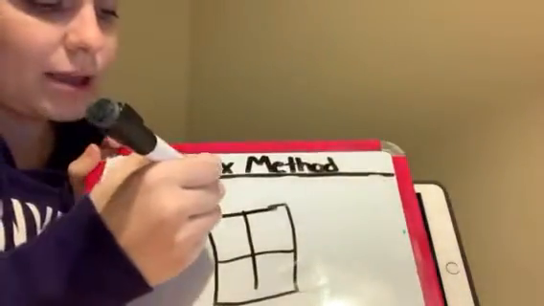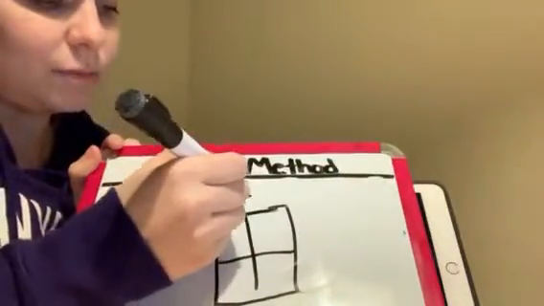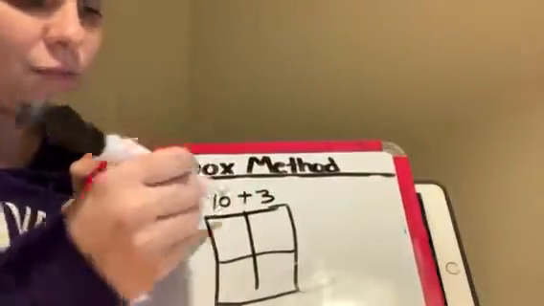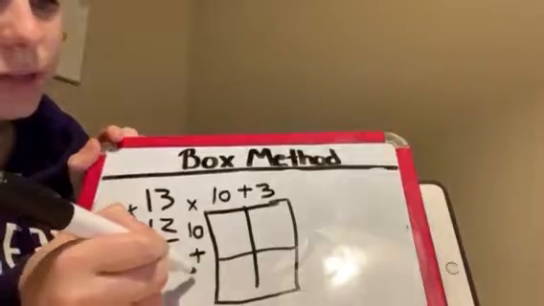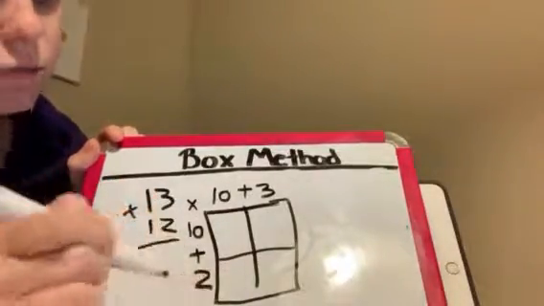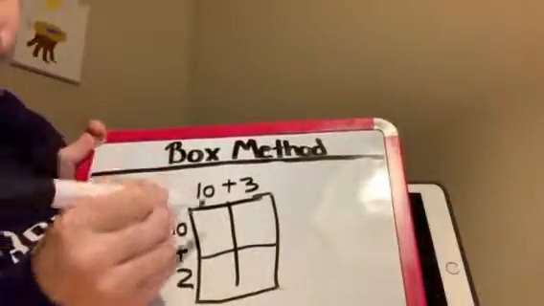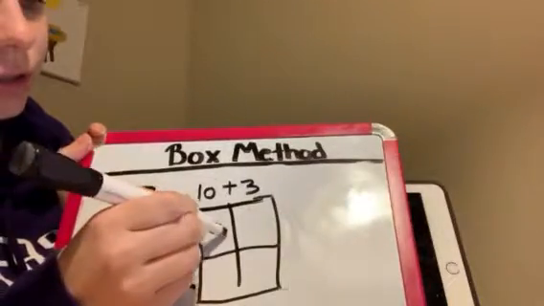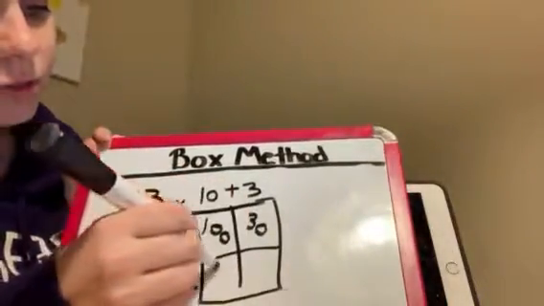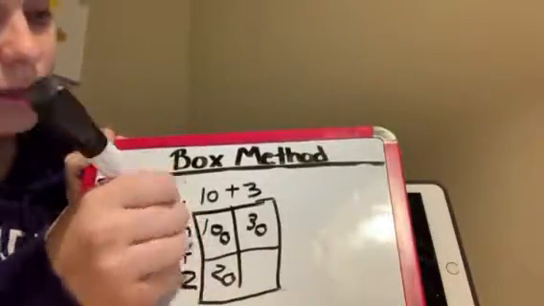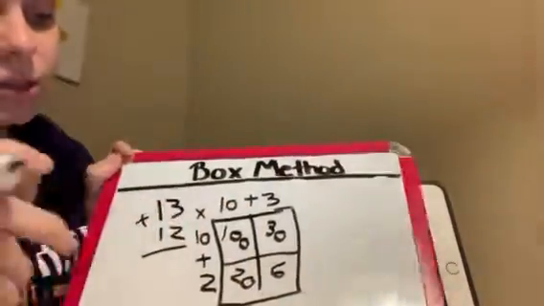Okay, and separate out our 13 to 10 plus 3 and place them in the 10s and 1s spaces. And separate our 12 out into 10 plus 2, 10s, 1s spaces. Multiply the 10 times 10, which is 100. 10 times 3, which is 30. 10 times 2, which is 20. And 2 times 3, which is 6.